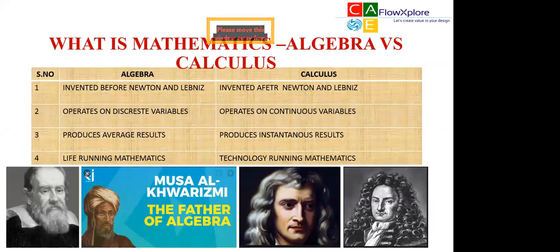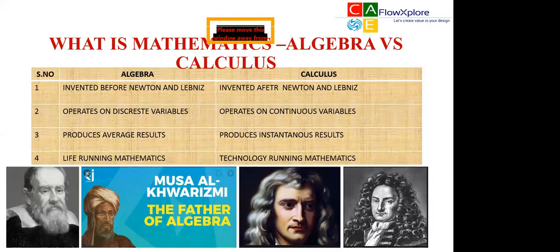Yeah, so I can see two different eras of mathematics. One is algebra, another one is calculus. The people on the right side, Newton as well as Leibniz, they are the trendsetters. They are the real changers of the world.